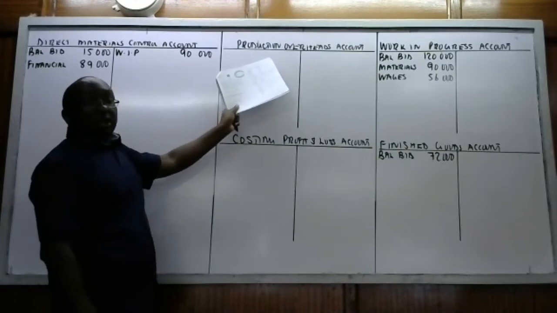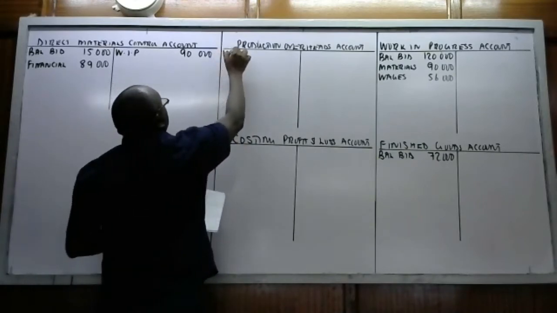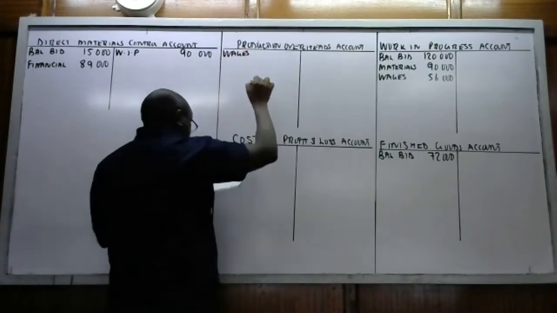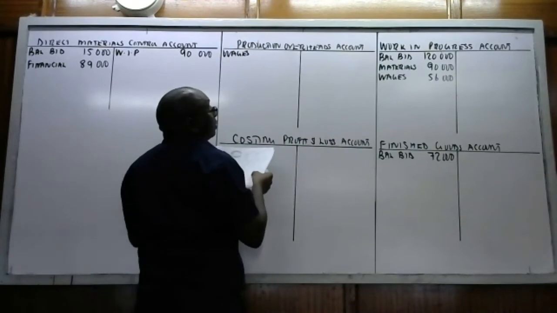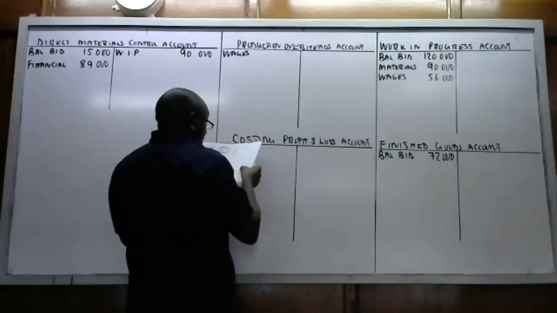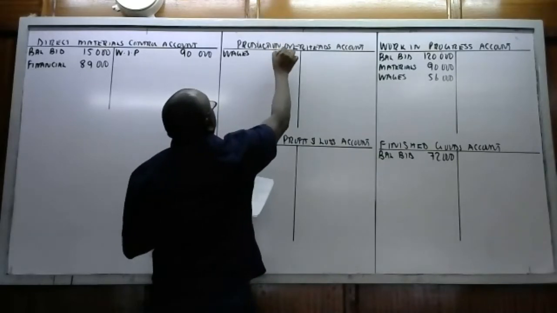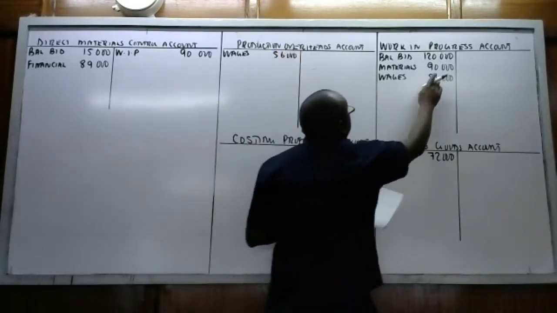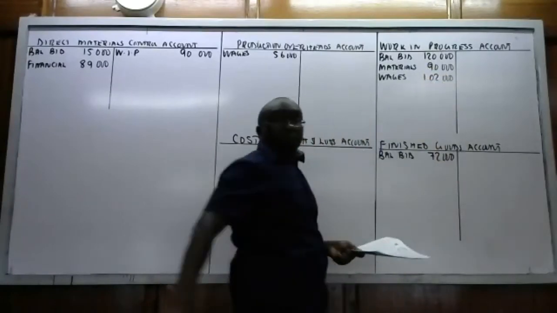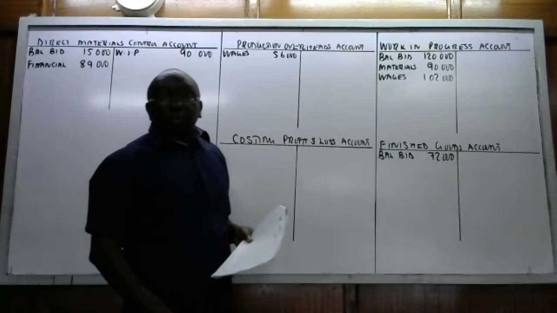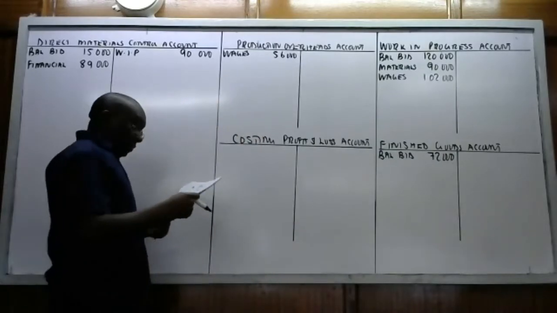Indirect, they belong to the overheads. So because of wages here, indirect, we have made a mistake there. That was 102; this one is 56,000, this is 102,000. Yes, Monica. 102.